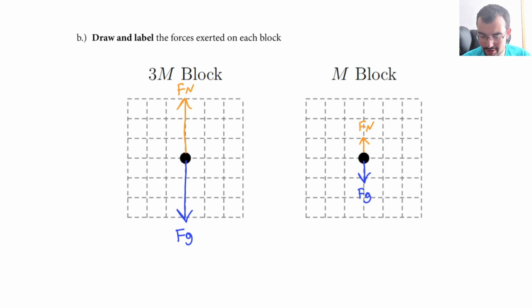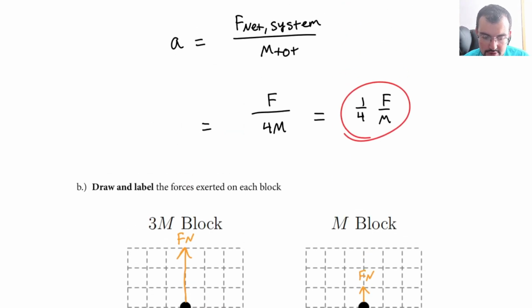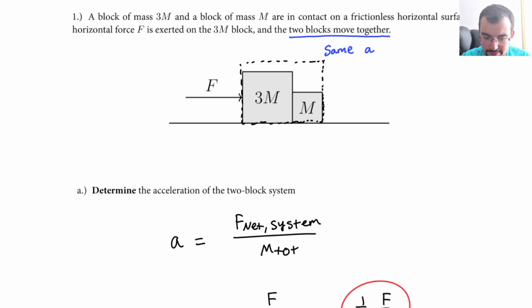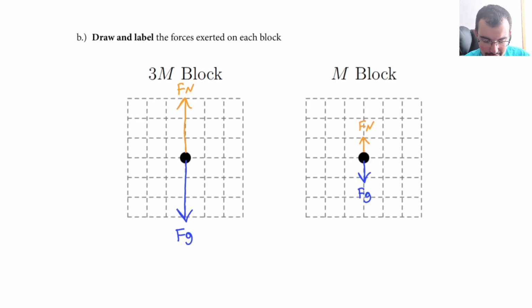But notice neither of these blocks are accelerating as I have it drawn, which means that there must be another force. So what is that force? Well, forces can only go on objects if there's an active touching happening. So I can include the F on the 3m. I can for sure do that.